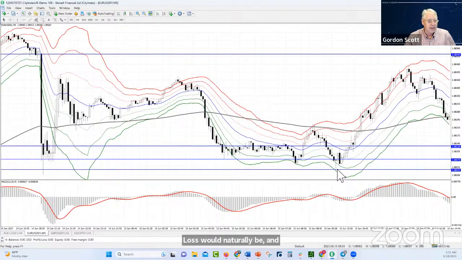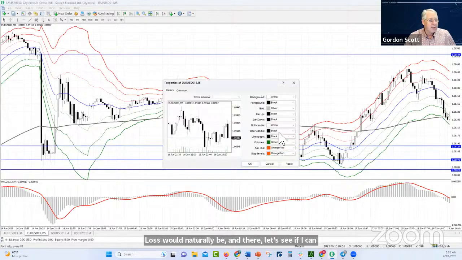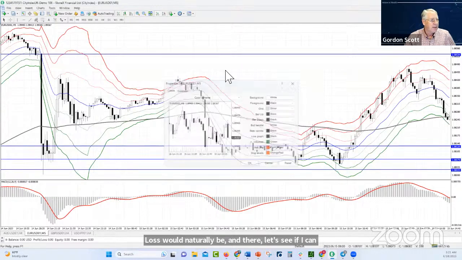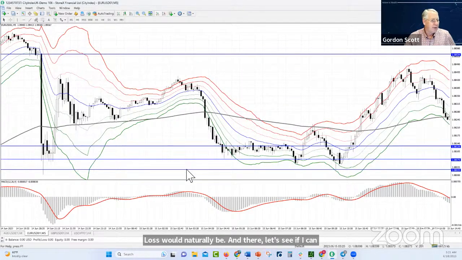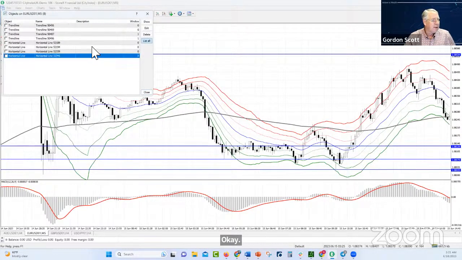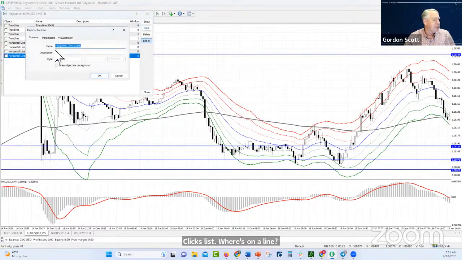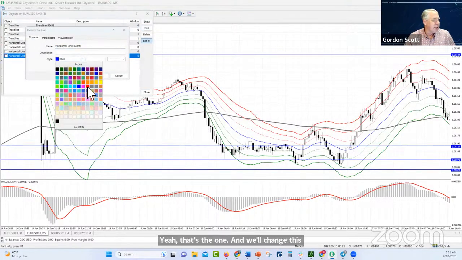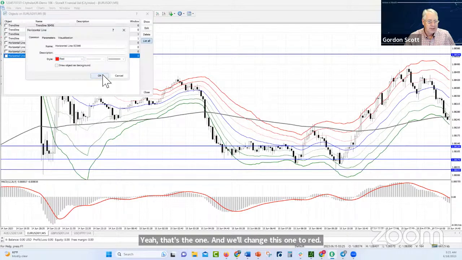Let's see if I can change that to be objects list, horizontal line. Yeah, that's the one. And we'll change this one to red so you can see this.